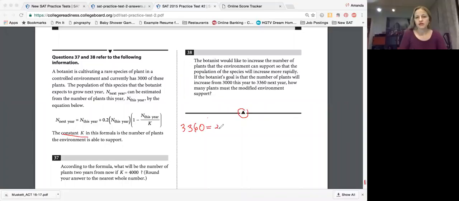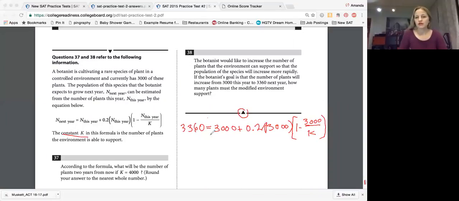This year, we have 3,000 plus 0.2 times 3,000 times 1 minus 3,000 over K. And now K is what I need to solve for.